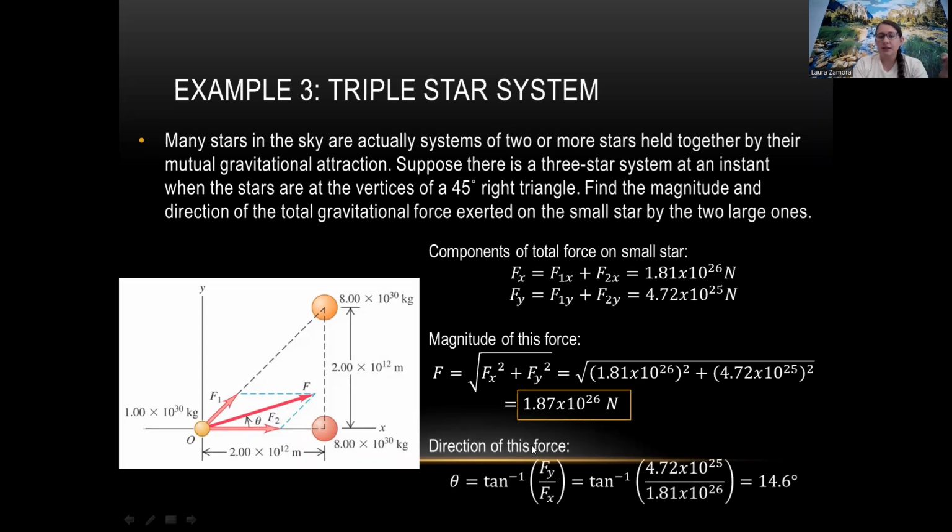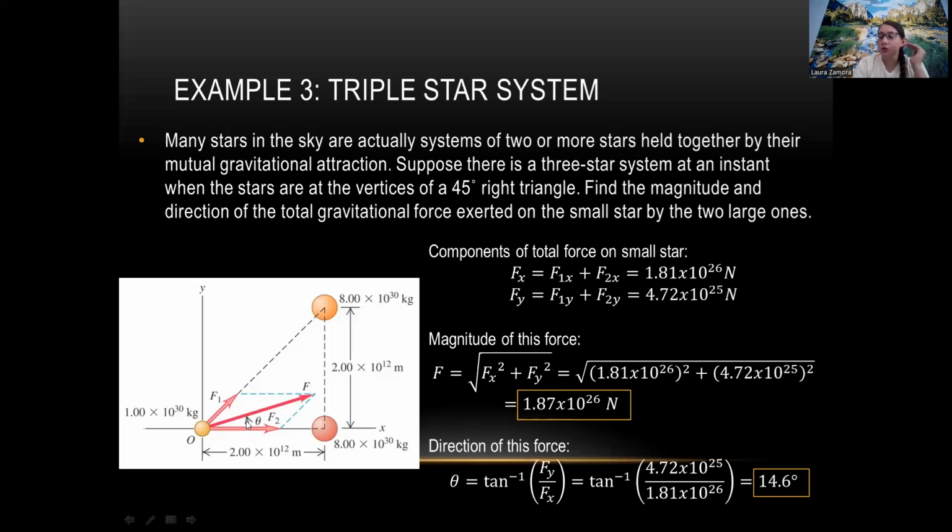To find the direction, this equation comes from that same PowerPoint on vectors. The direction of the force is the inverse tangent of the y component over the x component. So here's our y component over our x component. We get an angle of 14.6 degrees. So we can see, since we're measuring our angles from the positive x-axis upward, counterclockwise, this little angle here would be 14.6 degrees.